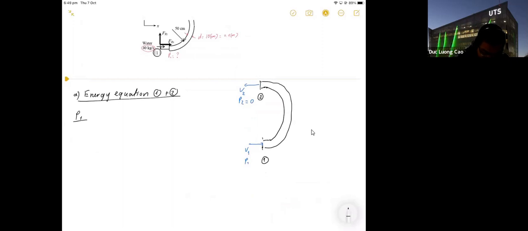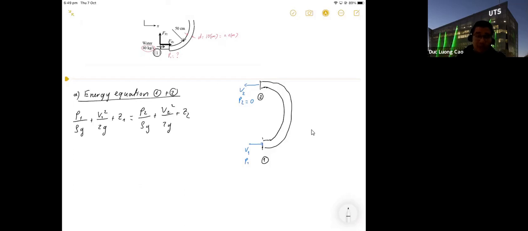The equation: P1 over rho g, plus Z1, plus V1 squared over 2g. That's one. Between 1 and 2, no pump, no fan, so the added head is 0. Equal to, on the right-hand side, P2 over rho g, plus Z2, plus V2 squared over 2g. That's 2.